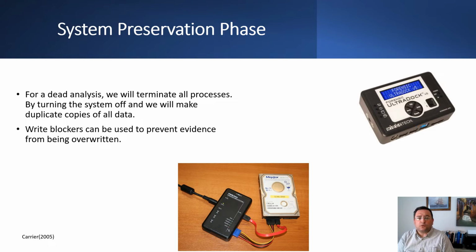We also use write blockers, which prevent evidence from being overwritten. So you see the picture of a write blocker that prevents the evidence from being overwritten. That's basically the physical method to protect the digital evidence.